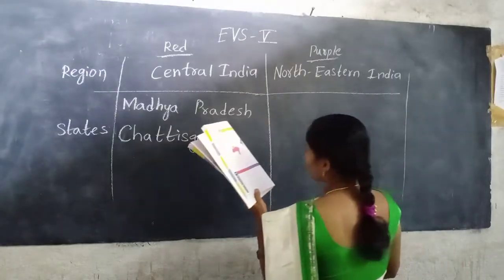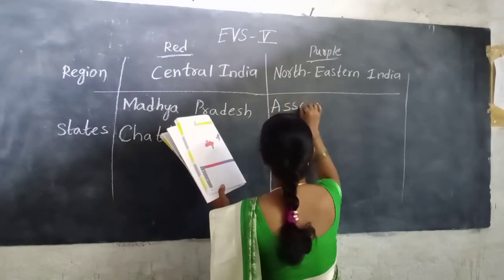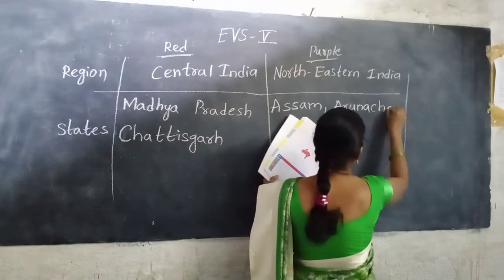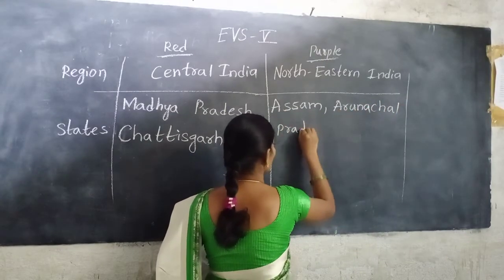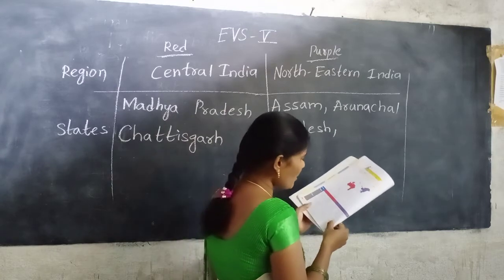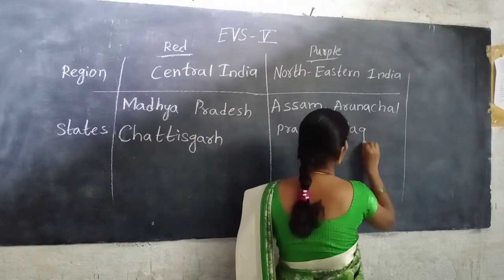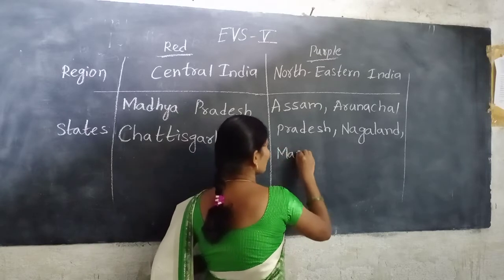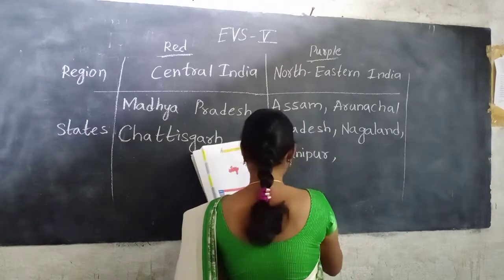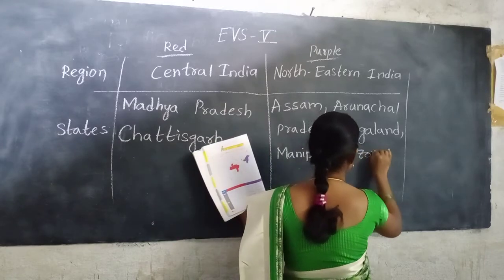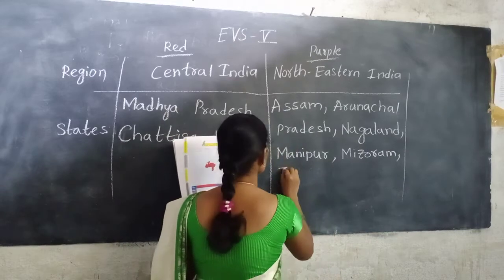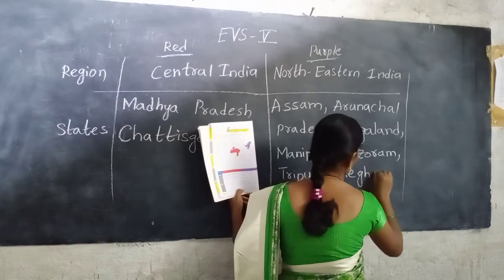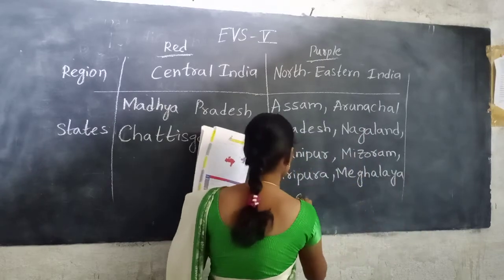The states located in Northeastern India are Assam, Arunachal Pradesh, Nagaland, Manipur, Mizoram, Tripura, Meghalaya and Sikkim.